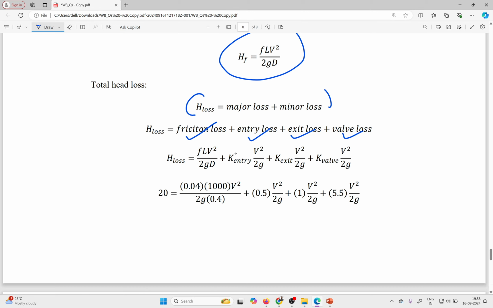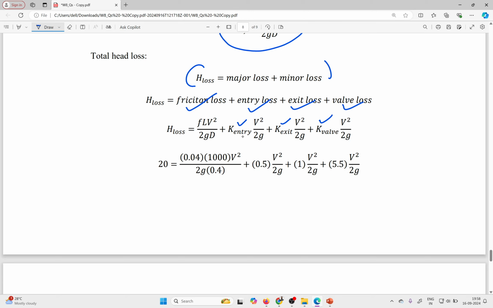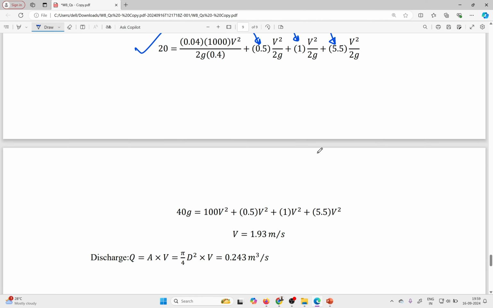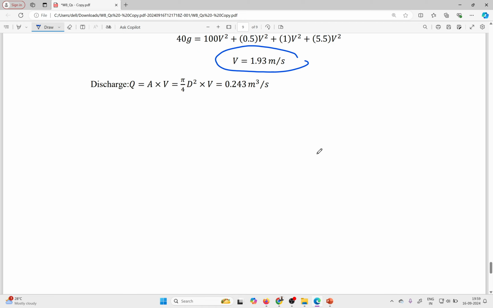So K entry means the coefficient of entry, the coefficient of exit, and the coefficient of the valve. The coefficient of entry we have already seen is 0.5, exit is 1, and valve is 5.5. Remember please. Just put in the values and you can very easily calculate the velocity as 1.93, and discharge is area times velocity. So this is a very easy question.